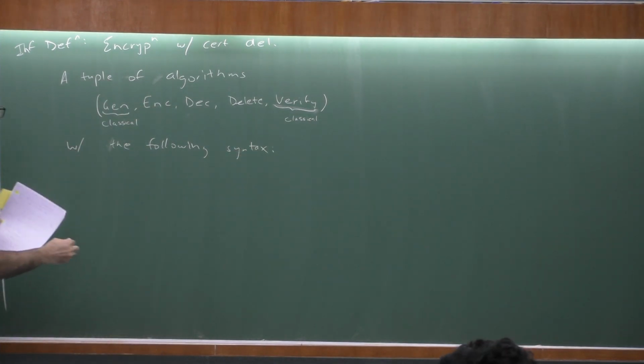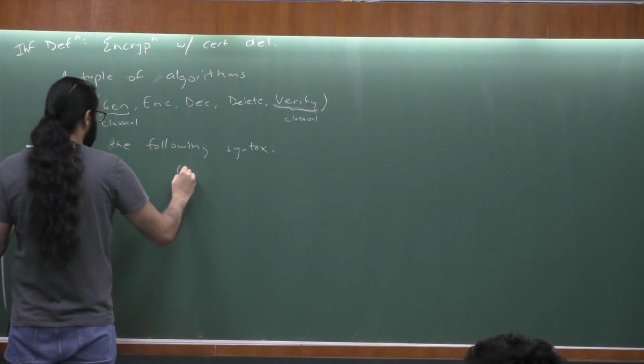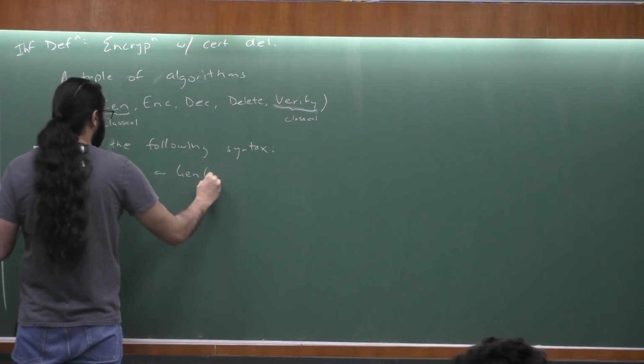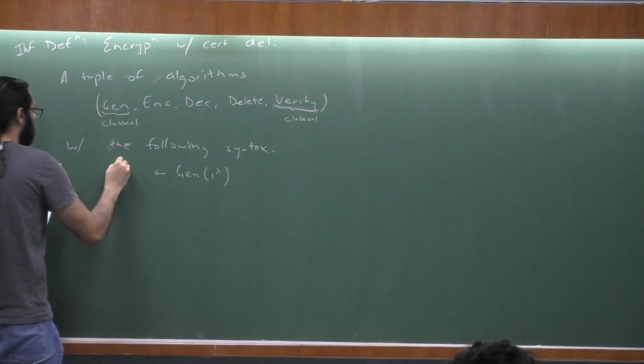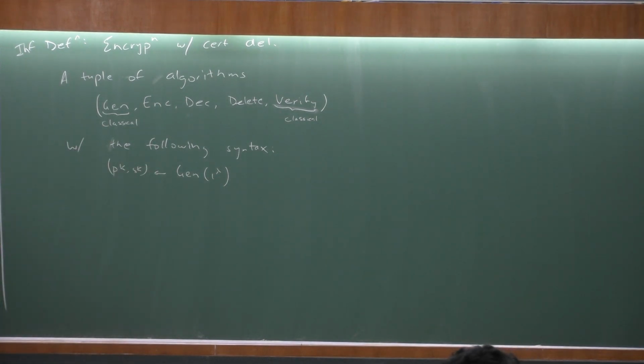Gen, of course, is going to produce a public key and secret key. We did not discuss public key encryption in the review. We'll do it later, but the idea is sort of clear to most people. In symmetric key, you have the same key for both sender and receiver.